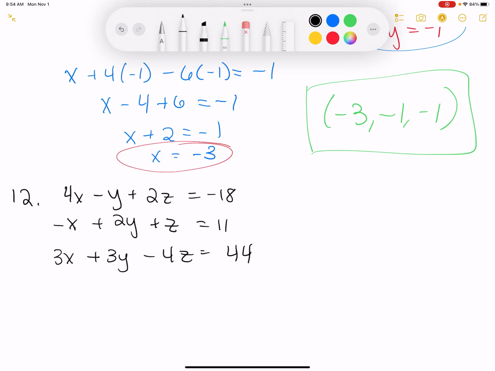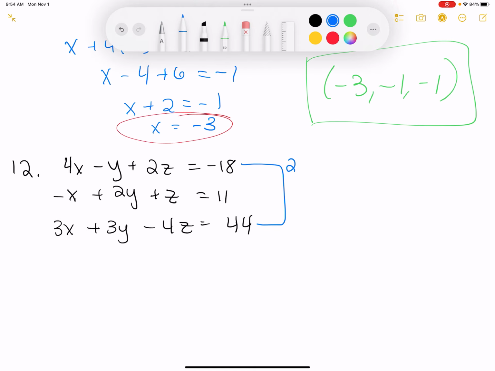Alright, what variable do we want to go with? Z. So top and bottom first. Alright, so what are we multiplying by? 2 on the top one. So that's going to give me the equations.